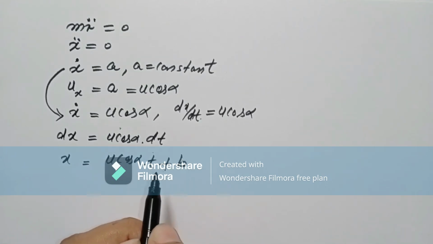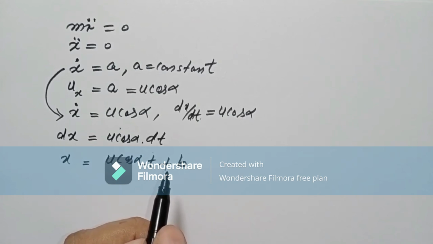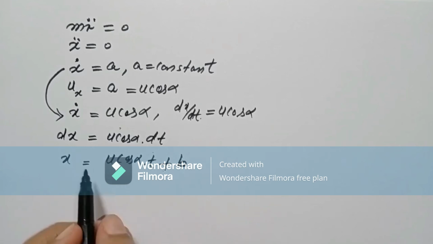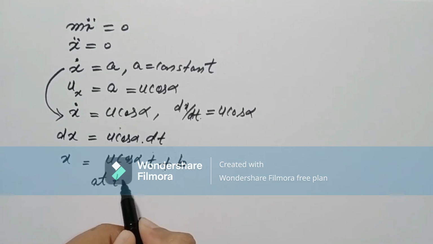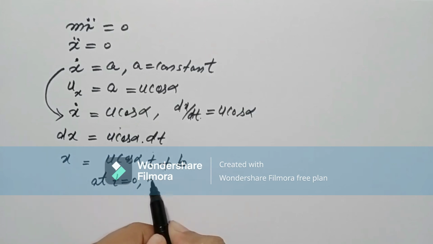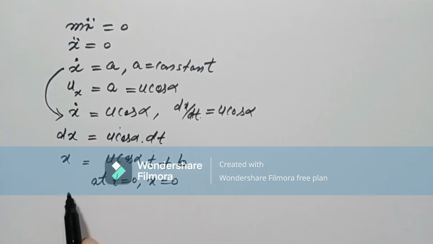Let's say it is b. We can find this constant at t equals 0. At the initial point, displacement is 0. So x will equal u cos alpha into t.